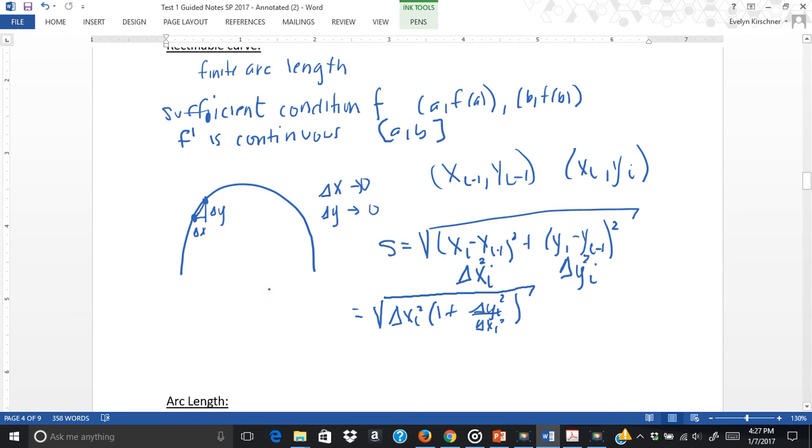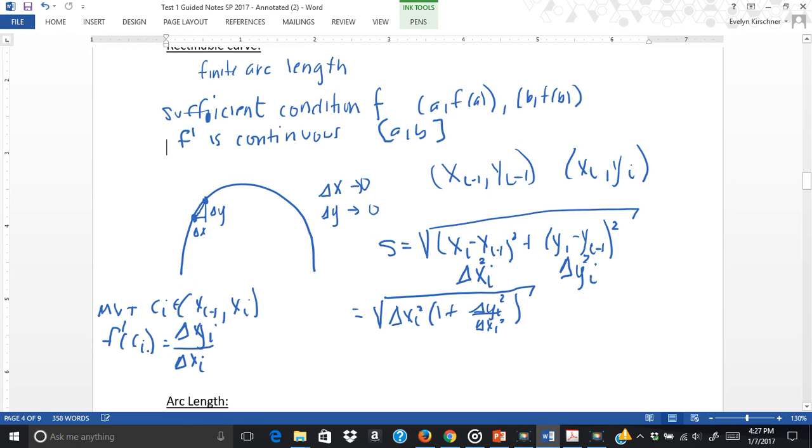If you recall from the mean value theorem, in my interval from x_{i-1} to x_i, I have some c_i in there so that the derivative f prime of c_i equals my change in y over my change in x.